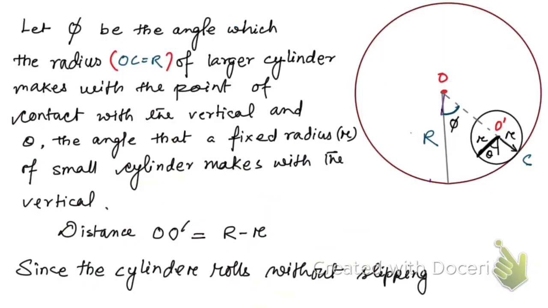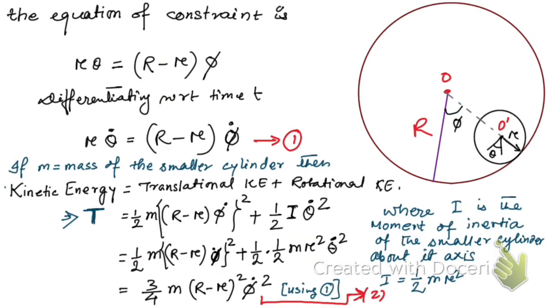So now let's see what to do next. I have already written what I have considered here, so let's go to the equation that we have got. This is the equation of constraint. If we differentiate it with respect to time, because this angle changes with time, then theta dot means d theta by dt, and theta double dot means the second order derivative of theta with respect to t.